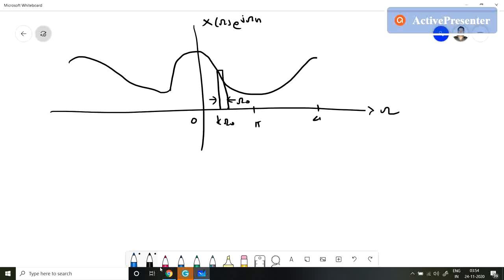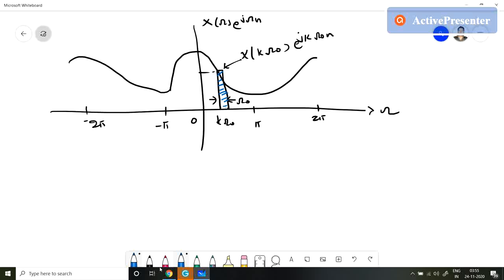Again at this peak it is 2 pi because it is repeating. Here we have minus pi, here we have minus 2 pi, because this is repeating after 2 pi. So this height is X of k omega naught e raised to the power j k omega naught n. What we can see from this figure is that each term in the summation represents the area of a rectangle of height X of k omega naught e raised to the power j k omega naught n, and the width is omega naught. So this is a small strip, a small area.